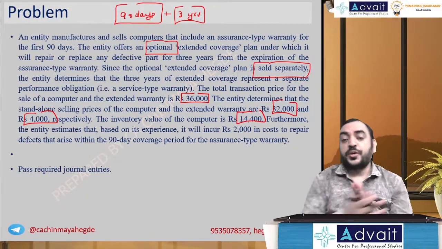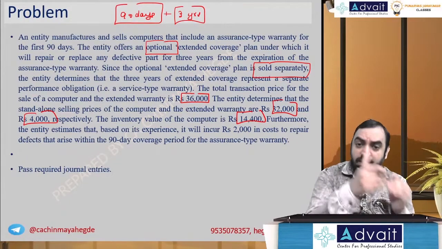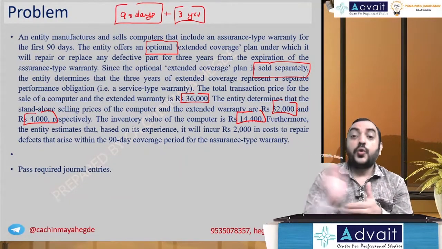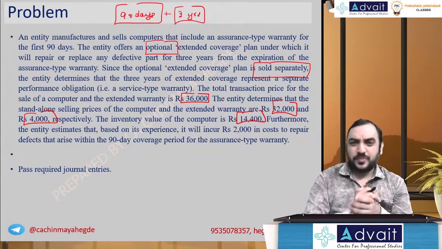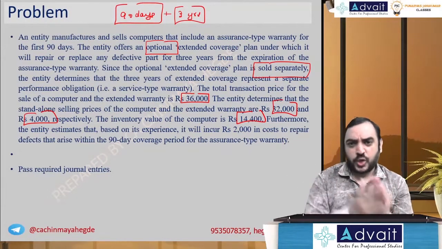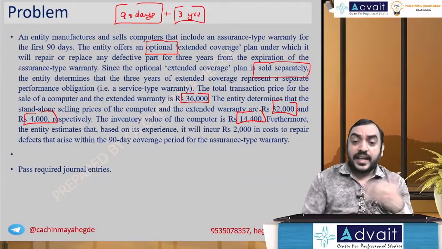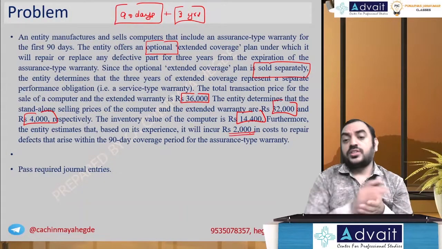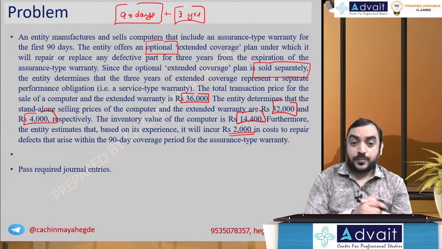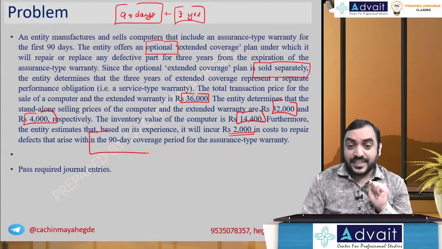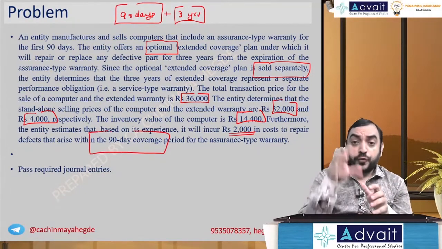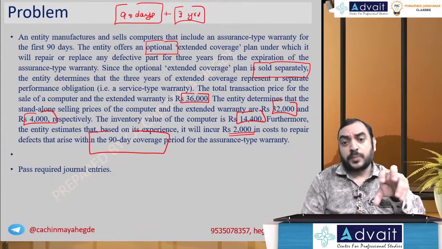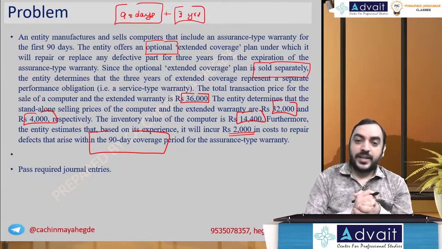You should transfer it from inventory to cost of goods sold. Then, based on experience, it will require 2,000 in cost to repair the defects that arise within the 90-day coverage period. So for this, as per Ind AS 37, we recognize an expense separately and a liability separately.